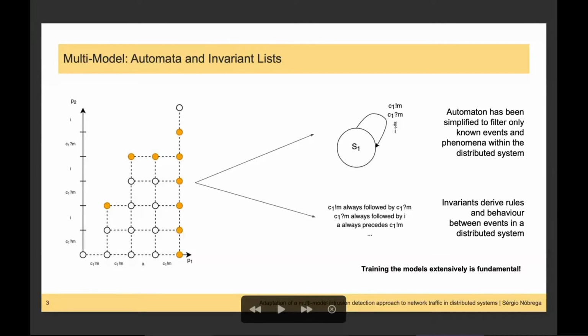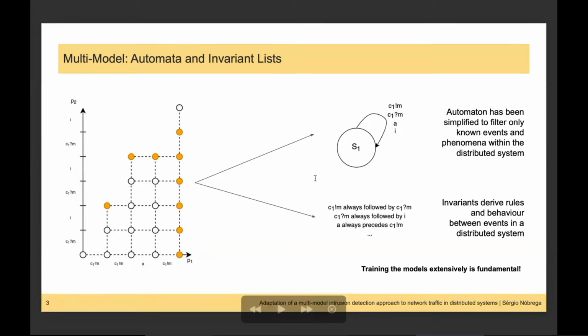The event A, which is occurring here on P1, and then the event I, which is the counter that we were discussing about. And in sum, this automaton is just a simple filter that filters all the known events and everything that we don't really know what it is.